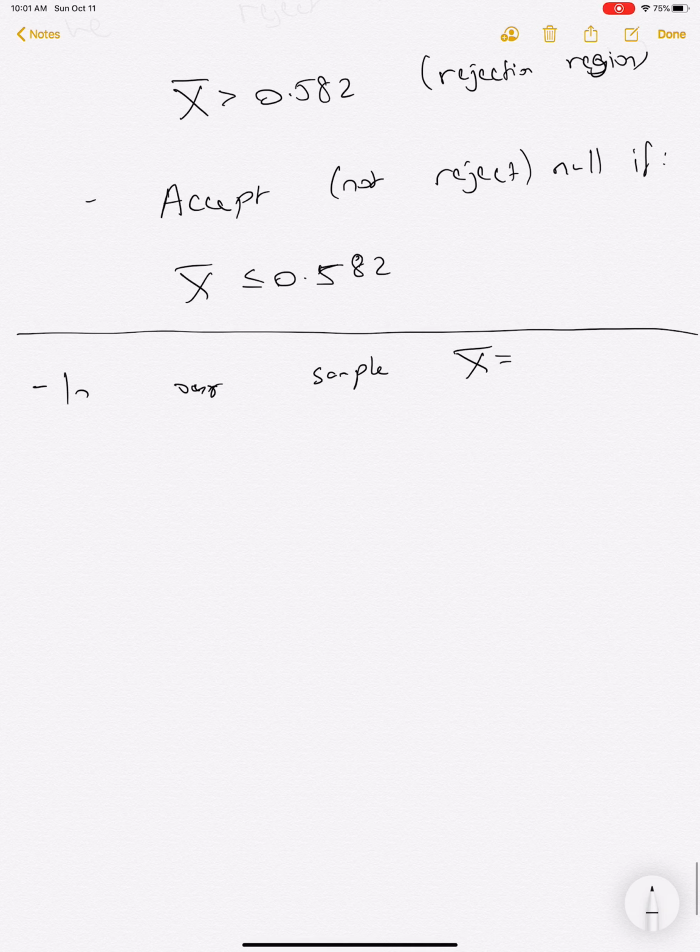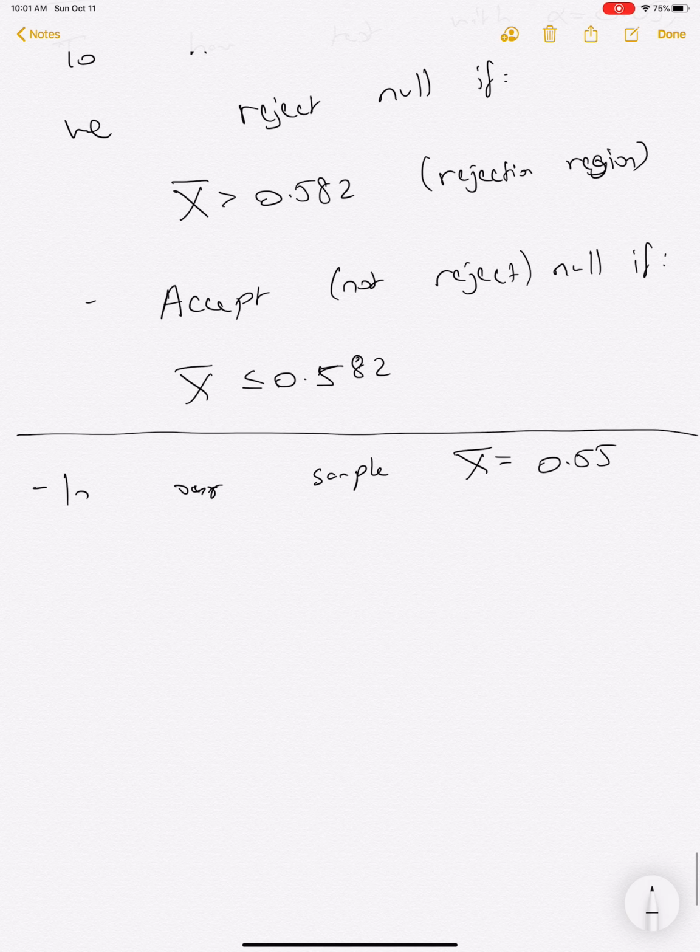x bar equals 0.55. If x bar equals 0.55, therefore we would accept, or not reject, the null. And this is why the point about the null hypothesis is really important. Because in our sample data, 55 out of 100 people still voted Republican.